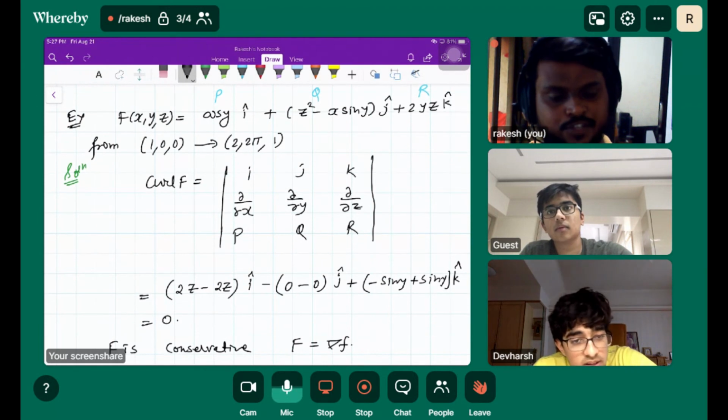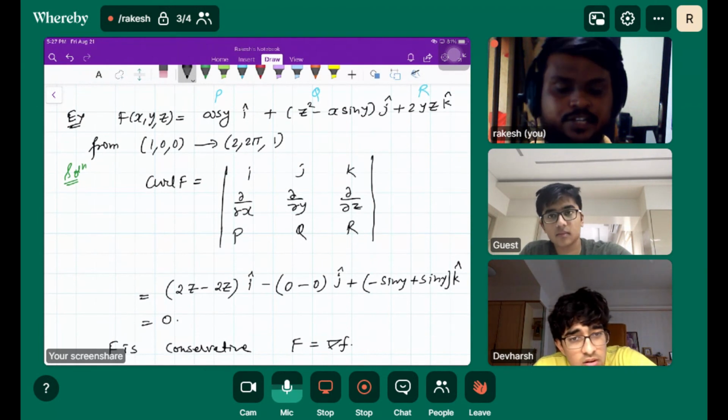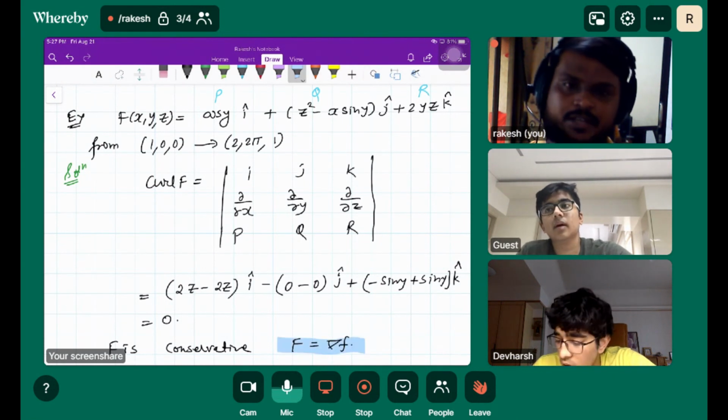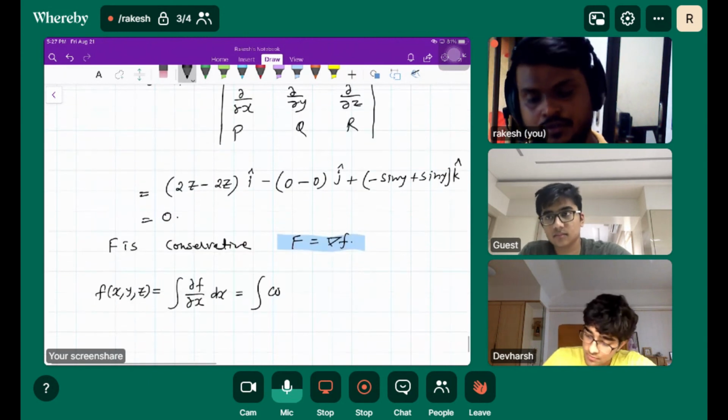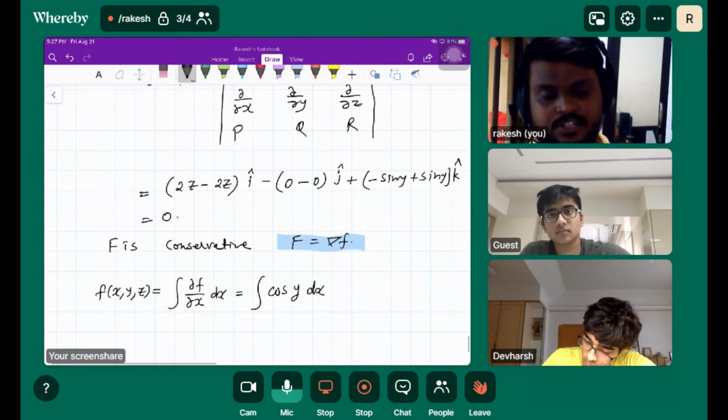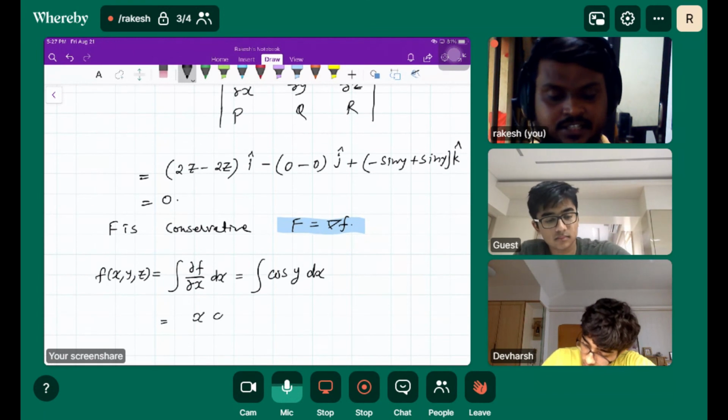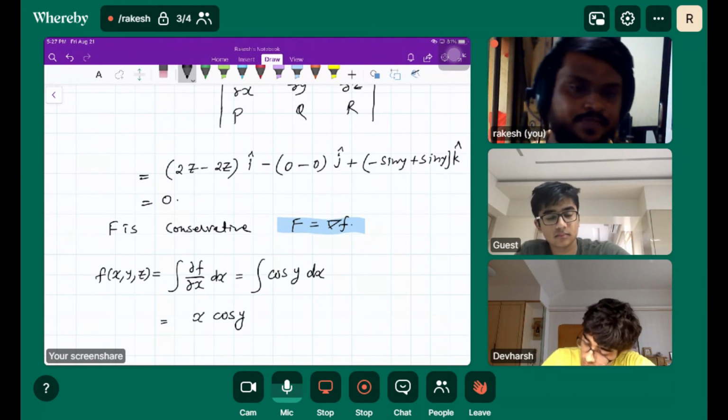Which term represents the partial derivative of f with respect to x? P, cos y, definitely, that is cos y. So cos y dx. So the integration of cos y dx is x cos y plus, what should I write here?